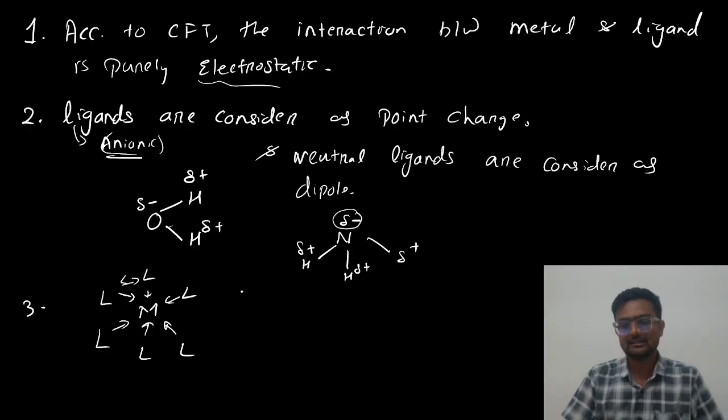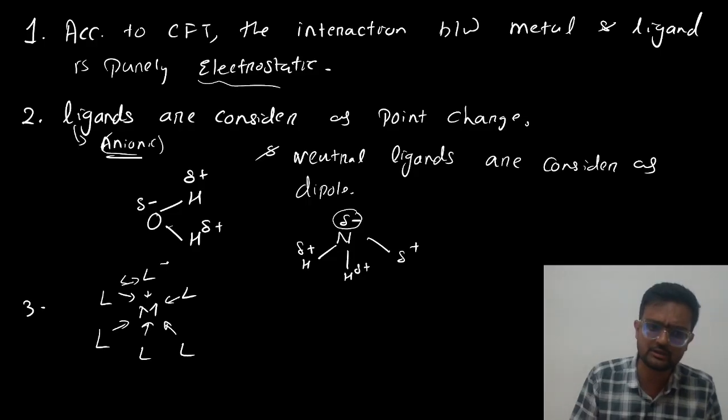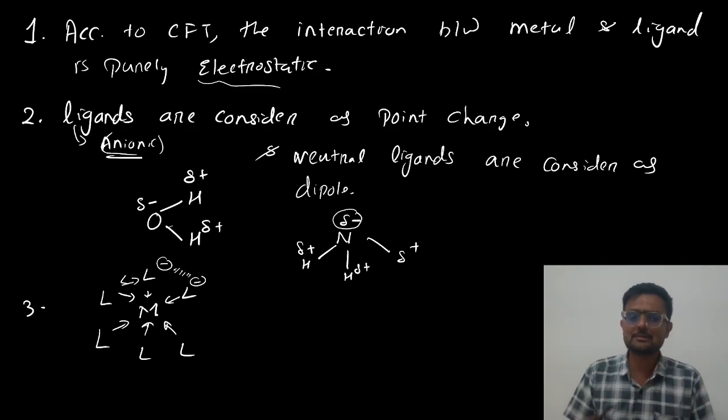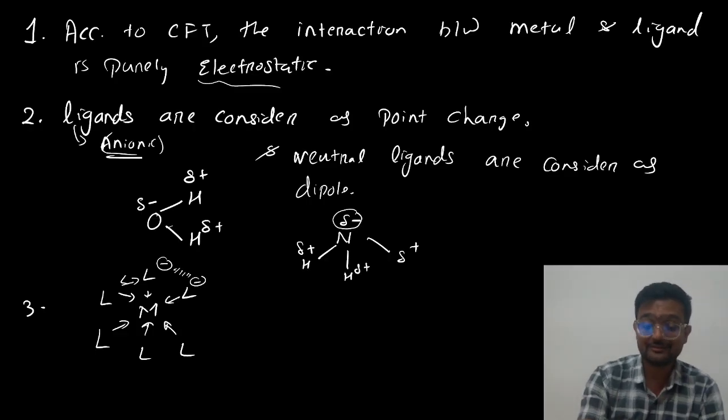The ligands will surround the metal in such a way that the repulsion between the ligands should be minimum. Why will there be repulsion? I hope you know that ligands are electron pair donors, so these are negative charges, and like charges repel each other. So to minimize repulsion, they will occupy a certain geometry. Now, whenever a ligand approaches the metal, there will be two types of force, two types of interaction.